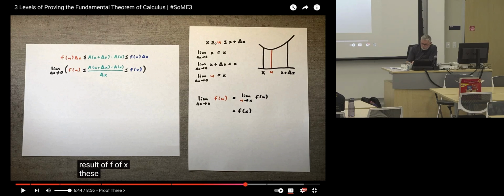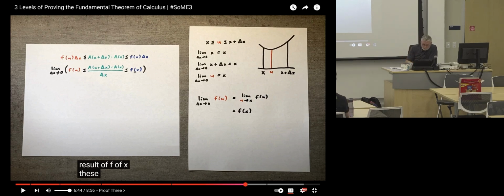So there's the squeeze theorem once here, the same for v. So we got the squeeze theorem to prove that the limit as delta x goes to 0 of u, which depends upon delta x, is equal to x, and the same for v. Okay, that's the squeeze theorem once.